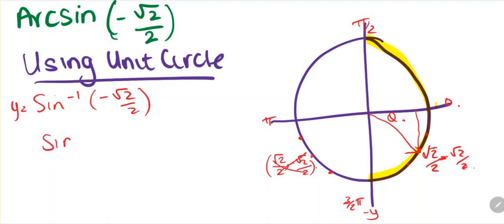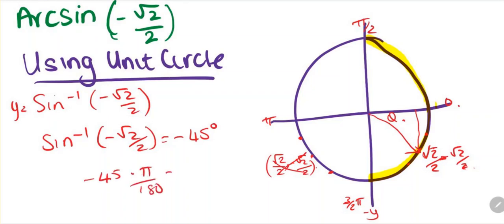So sine to the minus 1 of minus root 2 over 2 is minus 45 degrees. And to convert to radians, minus 45 simplifies to minus pi over 4.